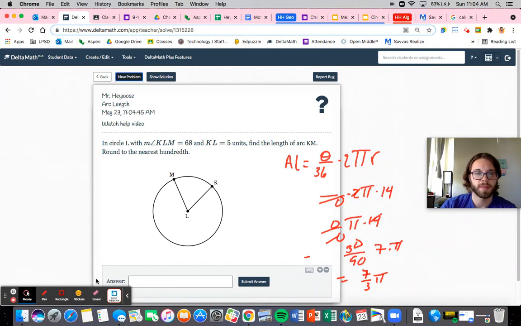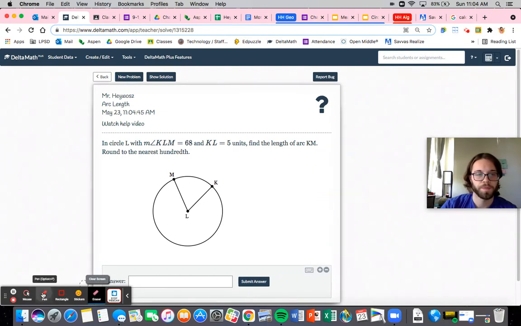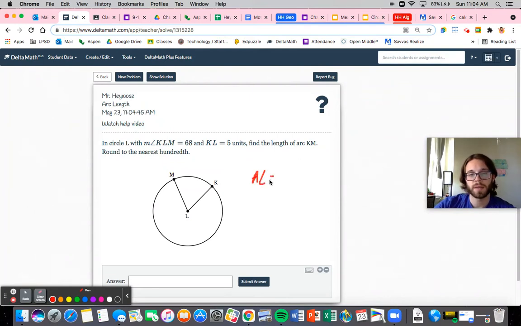Let's do another one just to make sure we're on the same page here. All right. So again, the arc length is going to be equal to 68 over 360 times 5. Oops, I forgot the 2. Anyway, I'm going to get rid of the 2 and the 180.